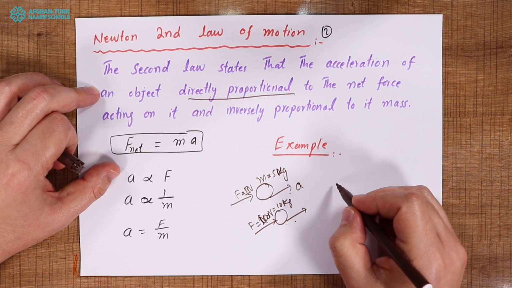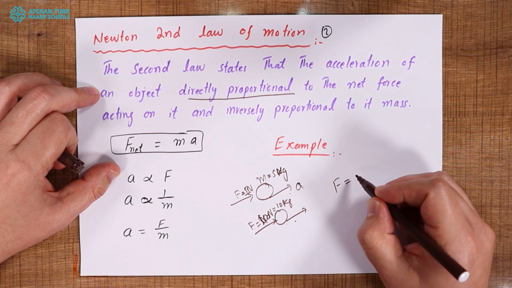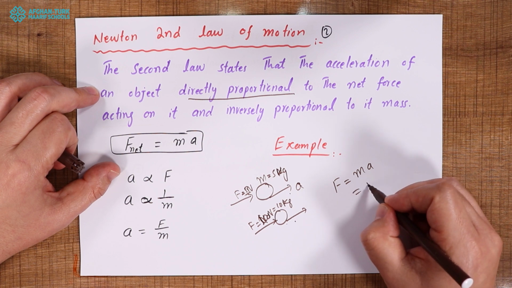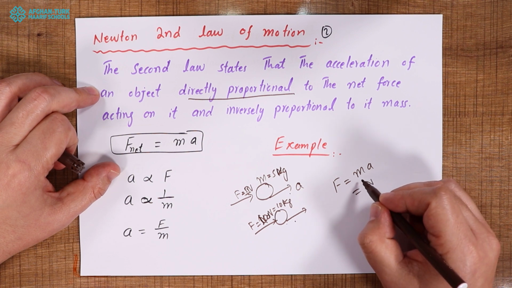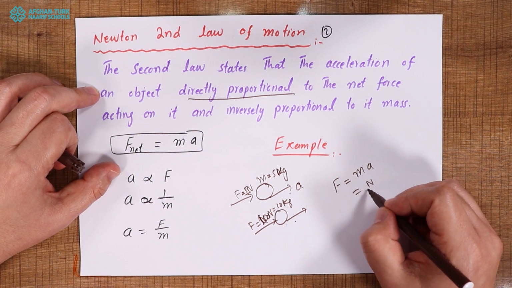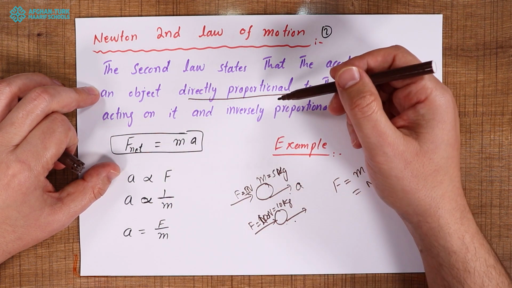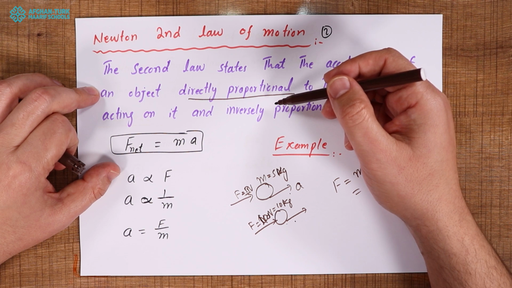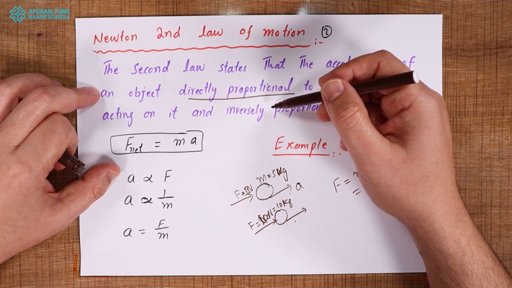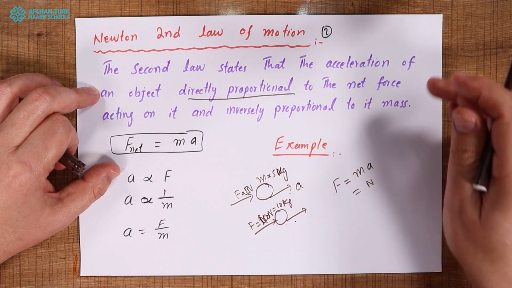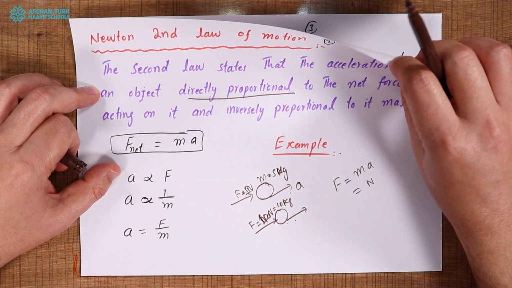Newton's second law has a very famous formula, F equals ma, where F is measured in Newtons, m is mass, and a is acceleration. Again, if we apply a force on an object, acceleration is produced. This acceleration is directly proportional to the force but inversely proportional to the mass of the object.